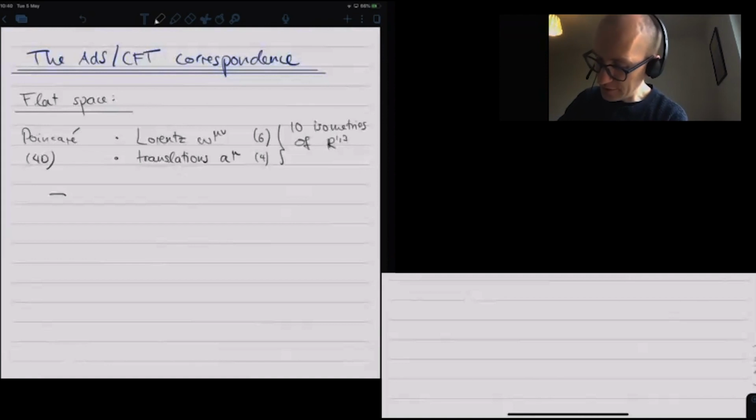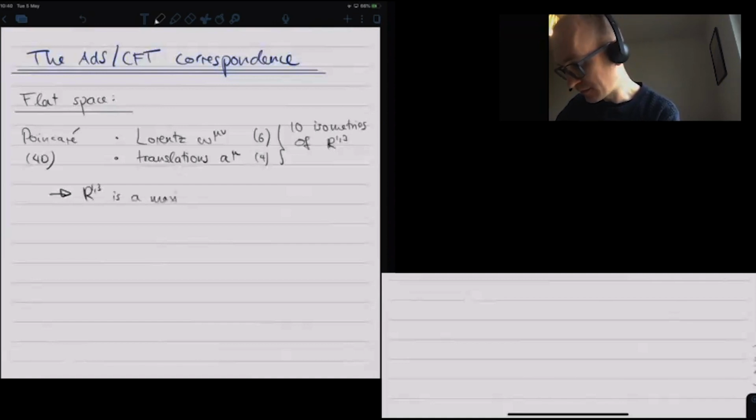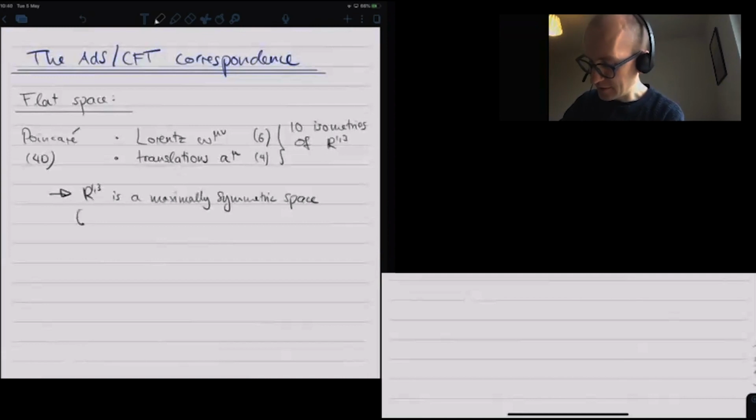And if you want, you can formalize this and say that basically this R 1,3 is a maximally symmetric space. And from just differential geometry, you can say that it has exactly, in 4 dimensions, exactly 10 and not more isometries.